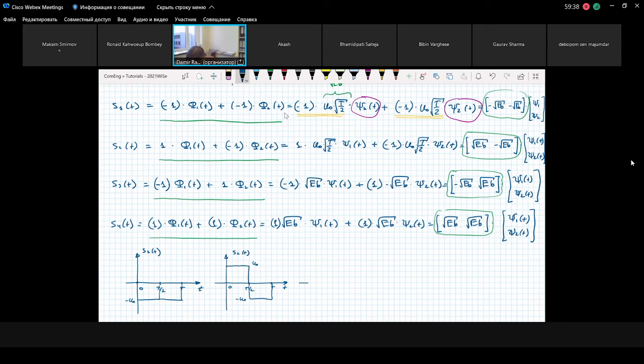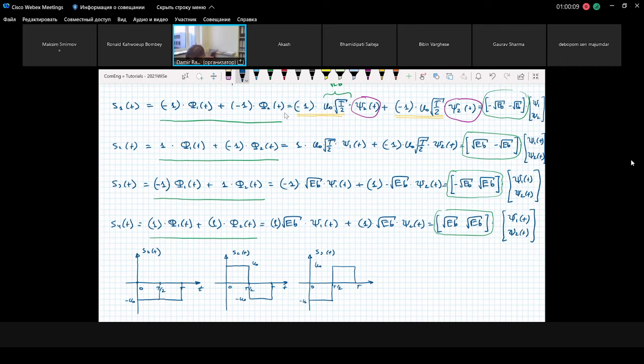The third signal, S3 of t. So we have minus phi1 of t plus phi2 of t. Like this. And also here it goes from minus u0 to 0.